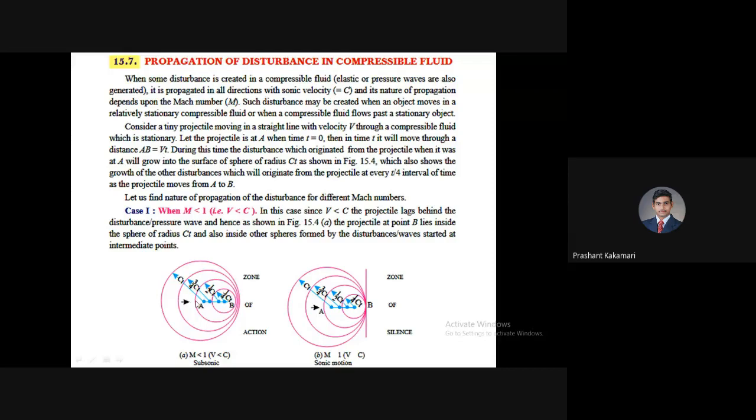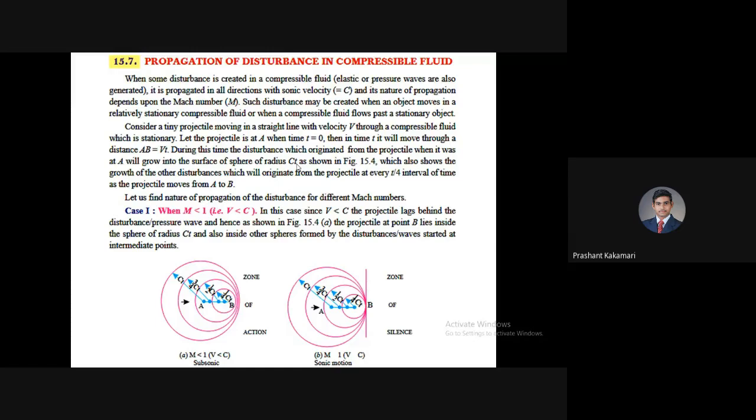Similarly, to find out how the disturbance is going to propagate from point A or from point B or from some of the four points we have considered here, how the disturbance is going to generate and distribute, I can draw circles by taking the radius C into delta T. C here is the speed of sound or the speed of disturbance. That's why I'm taking the velocity as C here.